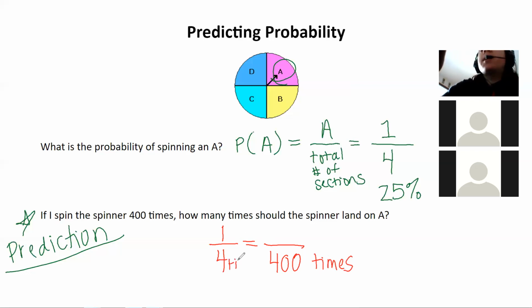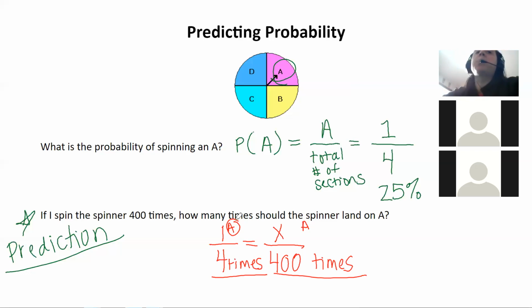Notice how when I set up my proportion, I have the total amount of times on the bottom, and the part for A is on the top. So all we have to do is cross multiply. If I did it this way, and not the way you guys reasoned it out, which is perfectly acceptable, what would I multiply here?